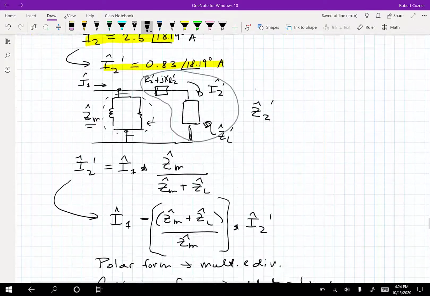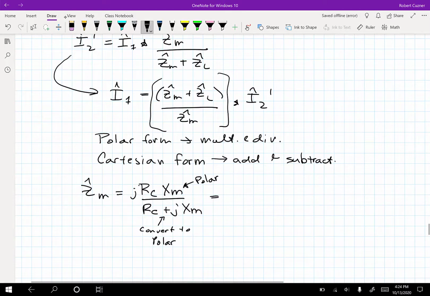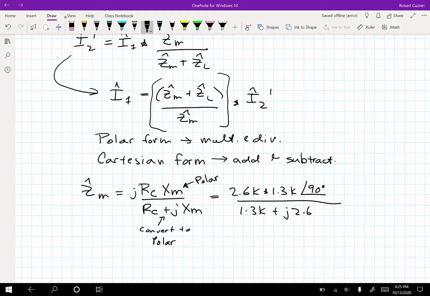So I'll remind myself of what these values are. 2.6K, 1.3K. So that is 2.6K times 1.3K. And then the j is 90 degrees. Actually, this isn't quite in polar. It also has to be converted. It's easy though. And then this is 1.3K plus j2.6K.